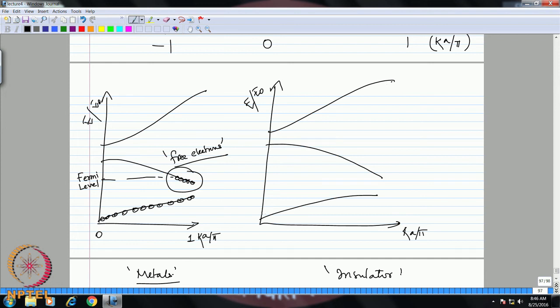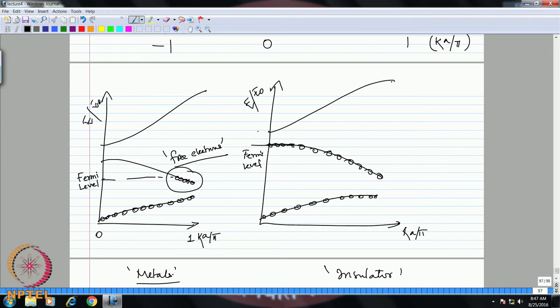In the case of an insulator, what do you think will probably happen? It is not that it should be only filled till here, it can also occupy this energy level at 0 Kelvin. Then this could be the Fermi level at 0 Kelvin.